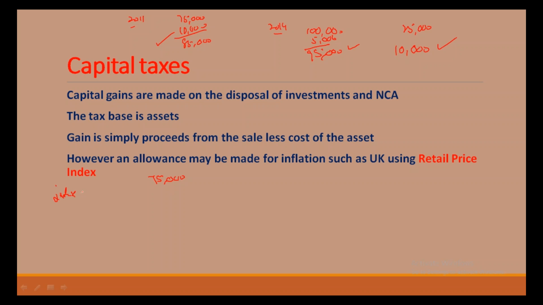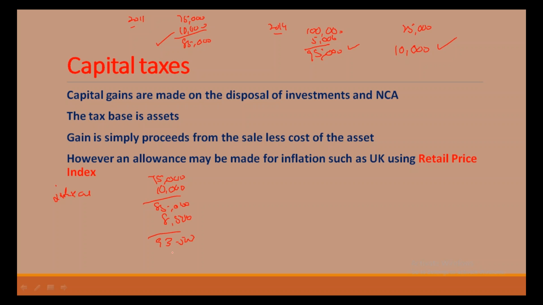Okay. So if it was 10,000, you will take that also. So let me take that now. So 75 plus 10 is my original cost, but I will increase it because of the obvious inflation. It is going to increase. Let's assume the indexation allowance is 10%. So it is 93,500.